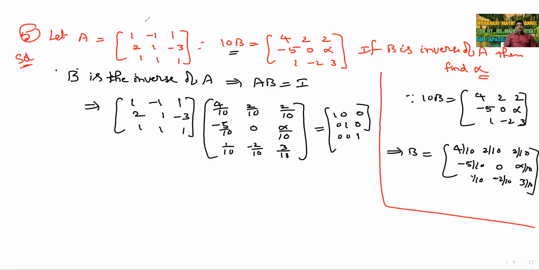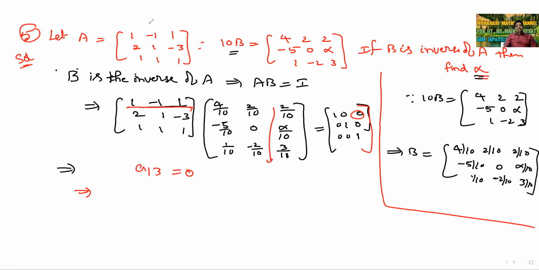Now our target is only alpha. Alpha is present in the first row and third column, so we should multiply the first row and third column. That's enough. In the identity matrix, this A13 value is 0.